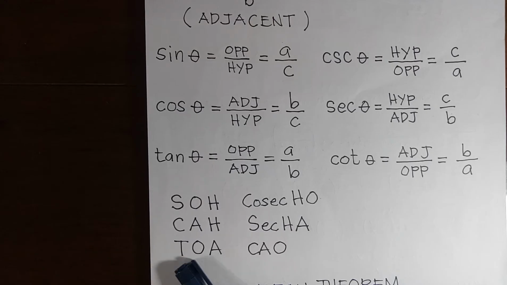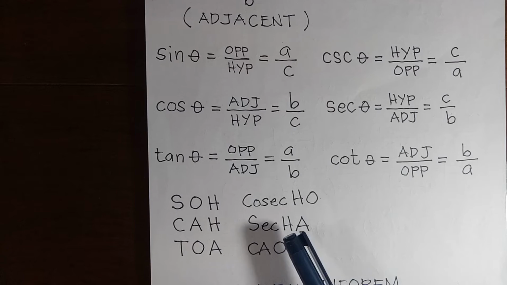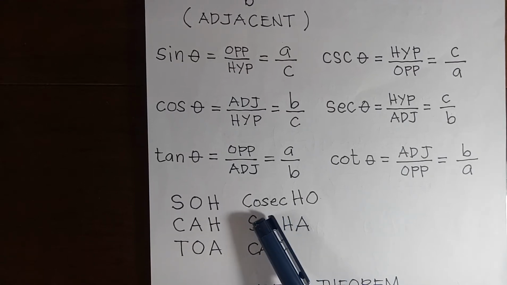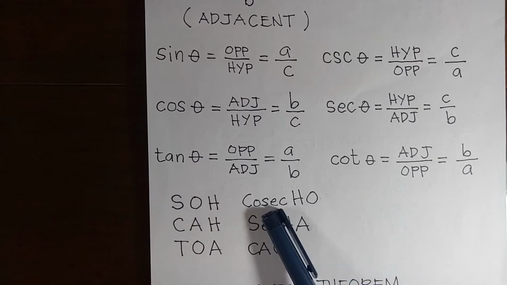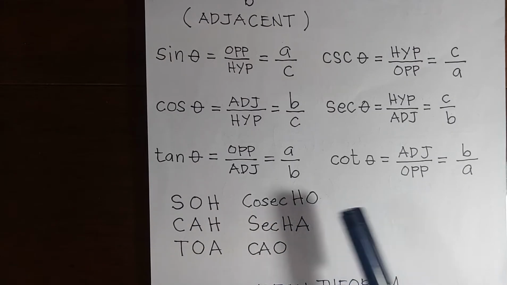Towa means tangent is opposite divided by the adjacent side. Kau means cotangent, adjacent side divided by the opposite. Seka means secant is hypotenuse divided by the adjacent side. Cosecant means cosecant is hypotenuse divided by the opposite side.